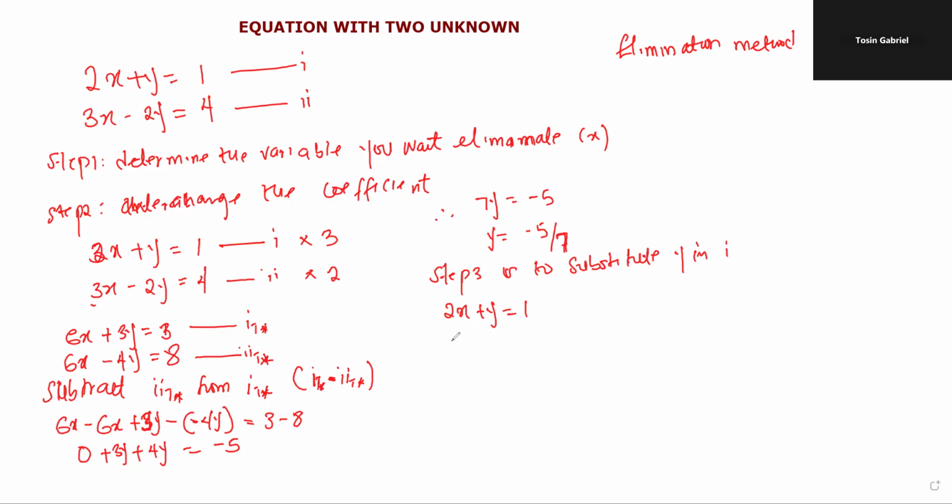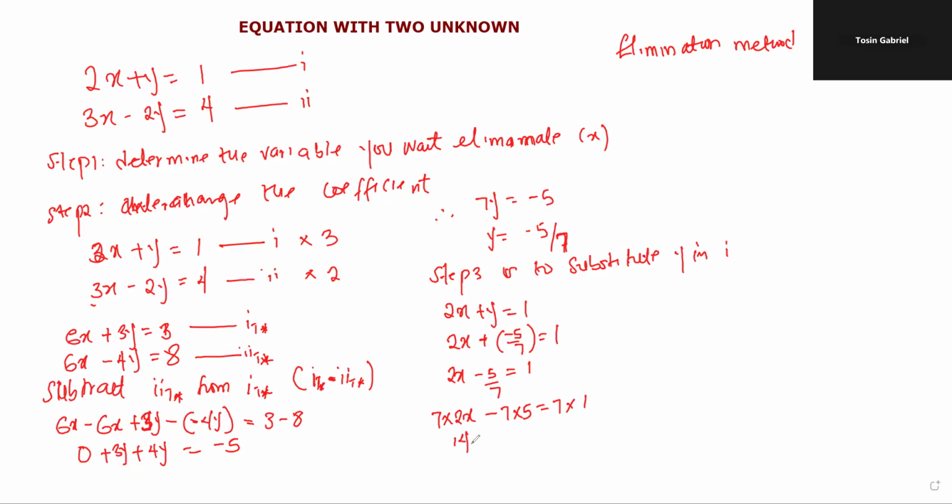Then we are going to have 2x plus open bracket minus 5 over 7, which is equal to 1. Then we can have 2x minus 5 over 7, because plus times minus gives you minus. Here you can collect the like terms or you multiply it by 7, whichever is convenient for you. So let's multiply it by 7. We are going to have 7 times 2x minus 5 over 7 times 7, which is equal to 7 times 1.